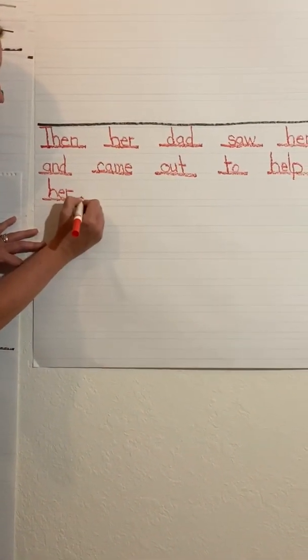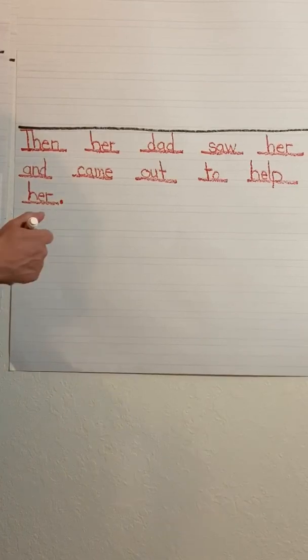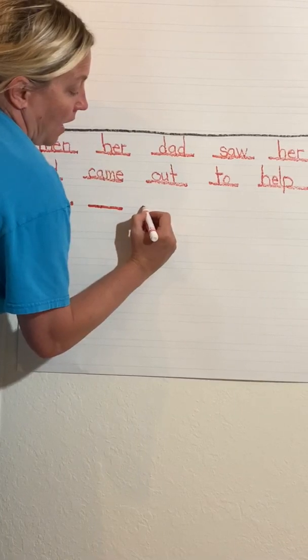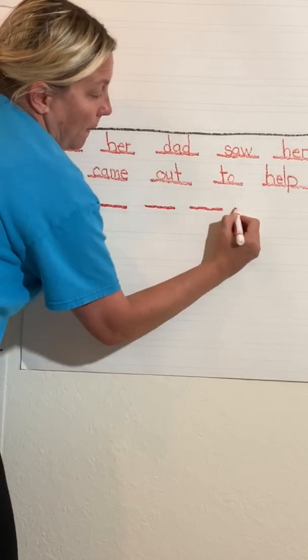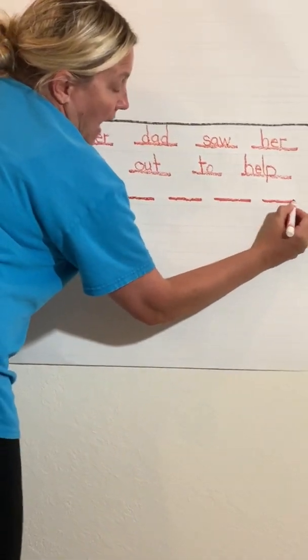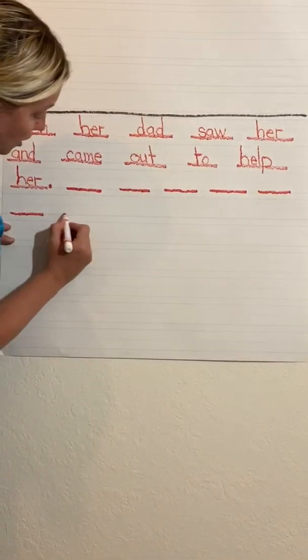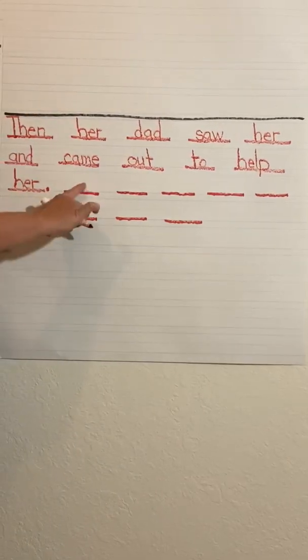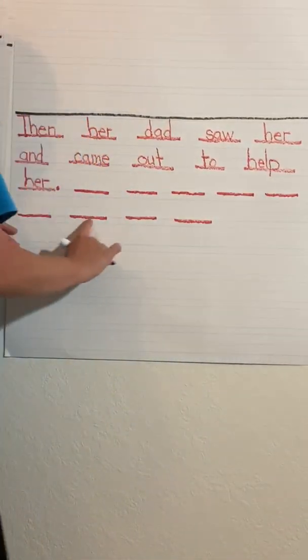I've finished my thought, so I put a period. And I can give a little more details on how he helped her. I can say, he held her bike and taught her to ride. He held her bike and taught her to ride.